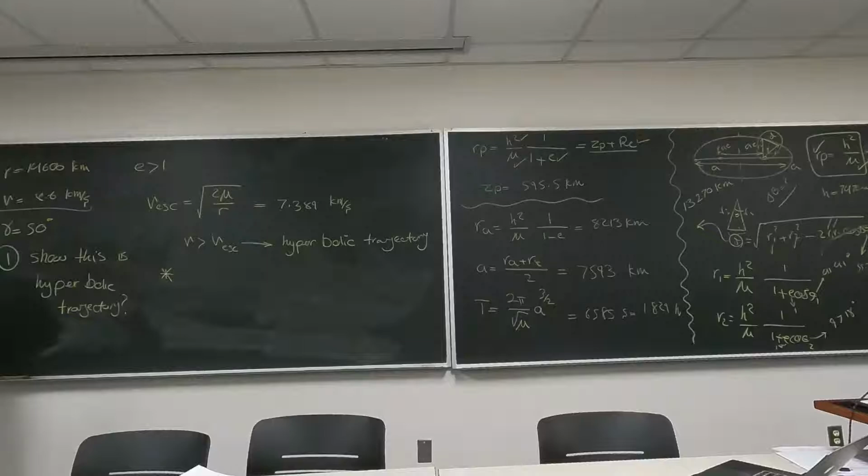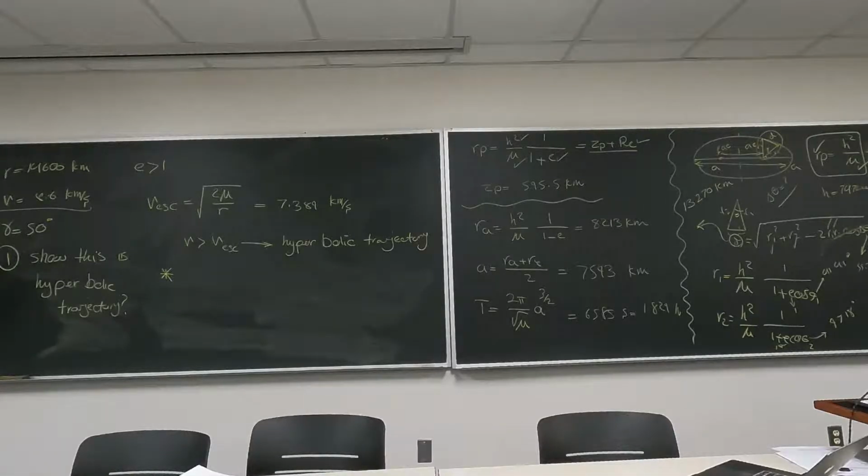So let's continue. Angular momentum is the next thing they have asked us to find. How can we find angular momentum? Before choosing the appropriate equation, you always want to come back to what is given to you.